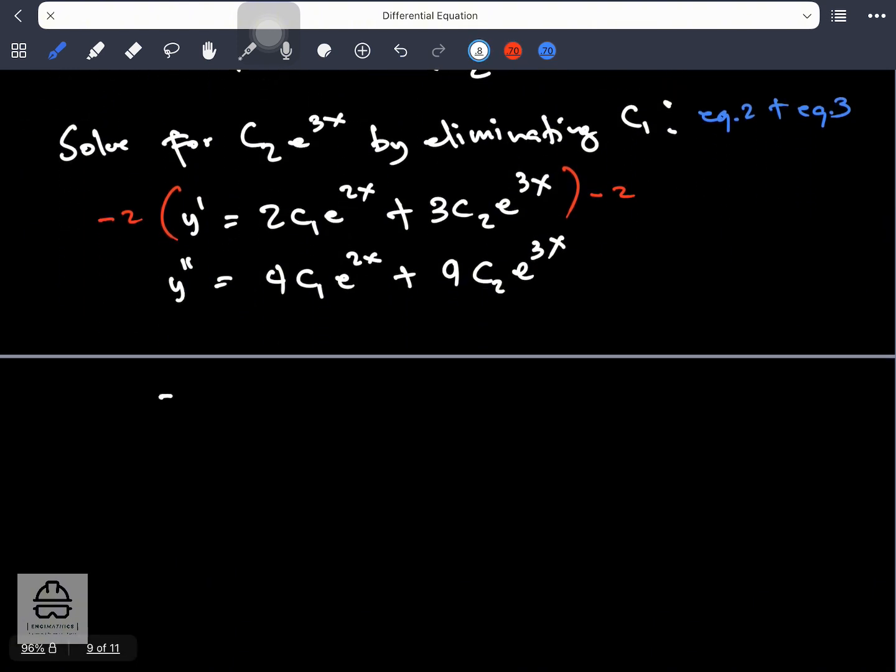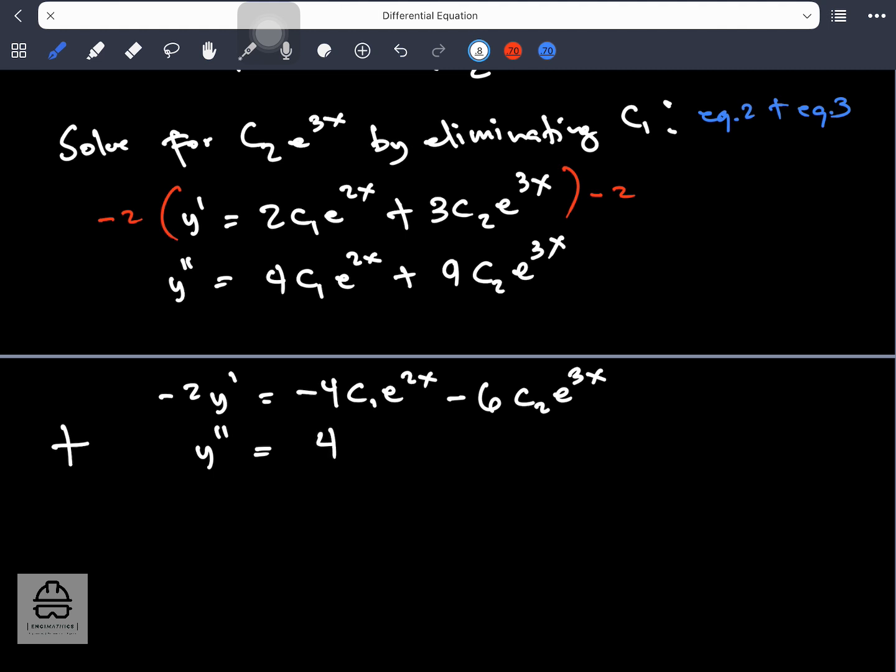That would be negative 2y prime is equal to negative 4 c sub 1 e raised to 2x plus, okay, that's not plus because negative 6c sub 2 e raised to 3x, plus y double prime is equal to 4c sub 1 e raised to 2x plus 9c sub 2 e raised to 3x.